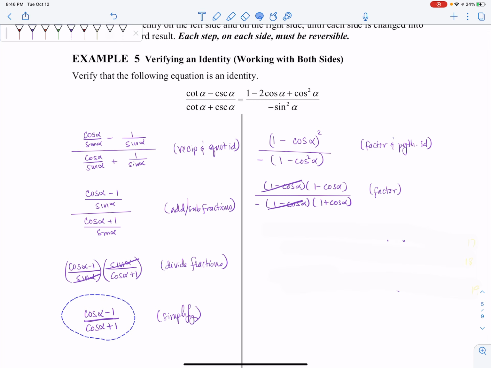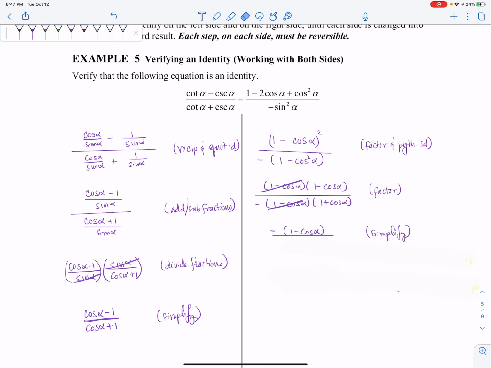In fact, the bottom without the negative is identical to the bottom of what I had before. So what I'm going to do then is that negative that I have, I'm going to move it to the top. That's totally legal. And I'm going to distribute it to my top, to my numerator, and leave the denominator alone because the denominators are already matching.